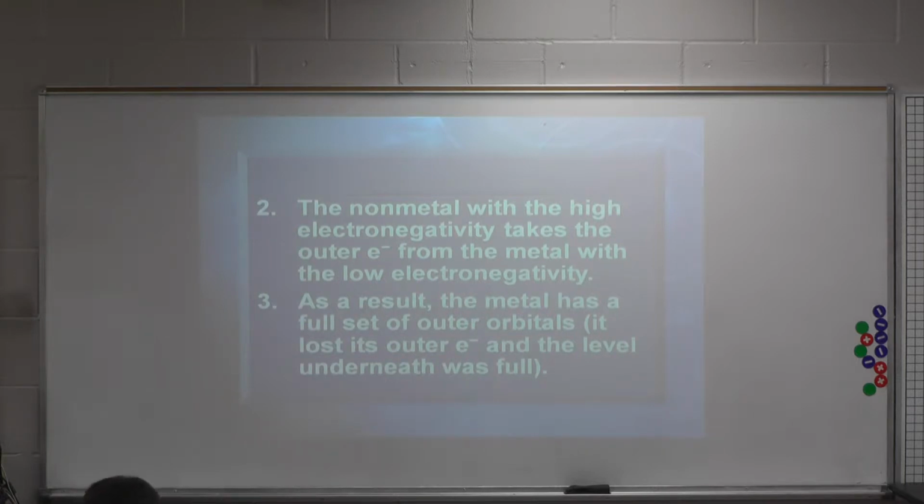What's nice about what we're doing today is it's kind of review. Metals have high or low electronegativities? Low. And the nonmetals tend to have high electronegativity values. That's normal, right? Nothing new.